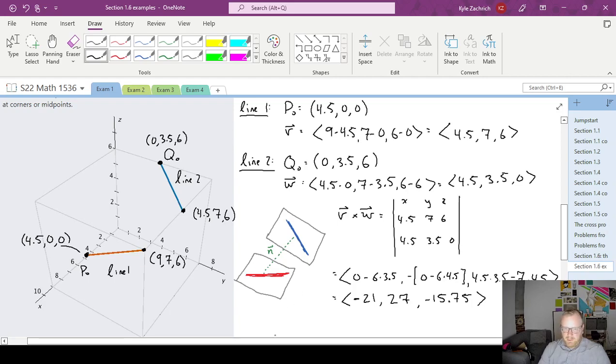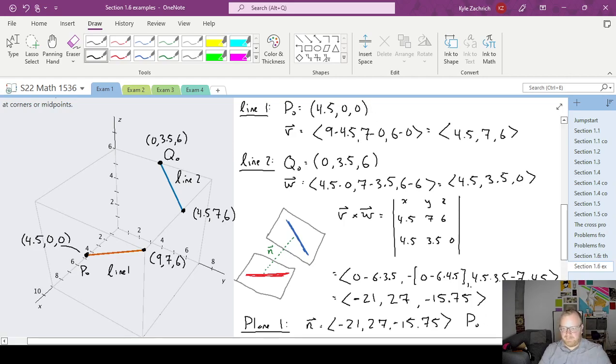So the equation of these two planes. Plane 1 has a normal vector negative 21, 27, negative 15.75, and a point on it, 4.5, 0, 0.